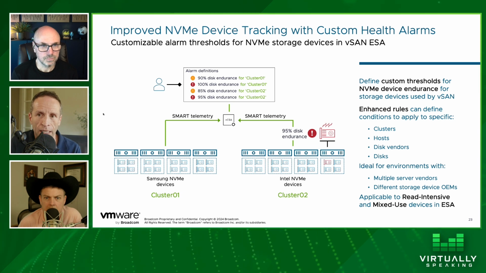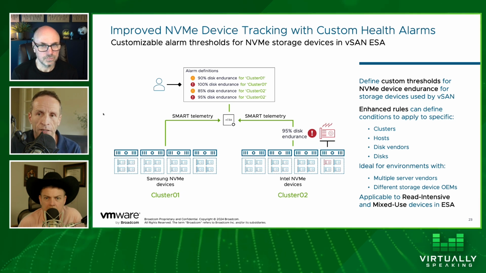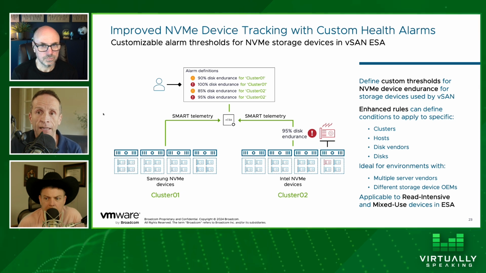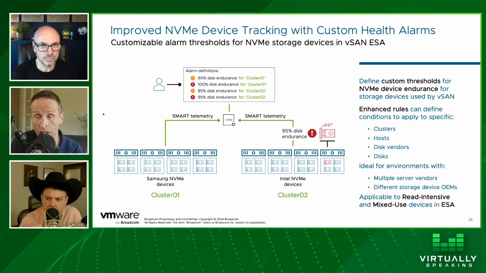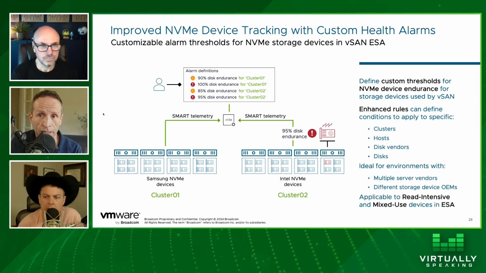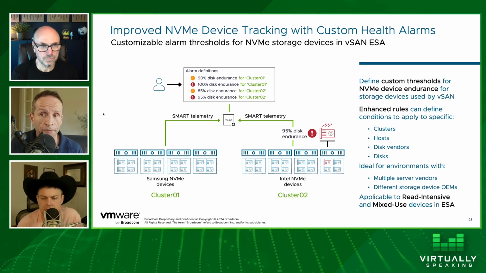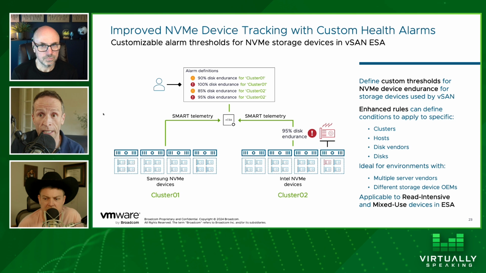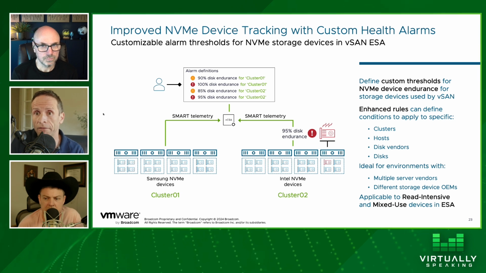We've introduced a single new health alert definition that you can fully customize, and you can define that alert definition on the endurance of these storage devices based off of the cluster name or the specific hosts themselves, or even a certain storage device manufacturer name.